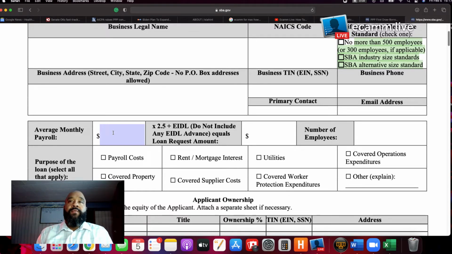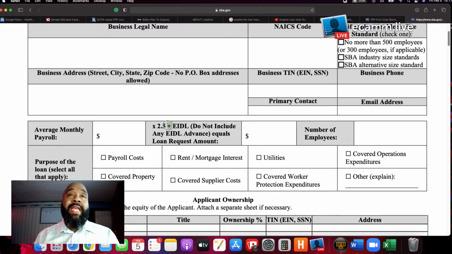For example, let's say you have 10 employees, you pay them $10,000 a year, you have $100,000. You're going to divide 100,000 by 12. That's going to give you 8,333. Then you're going to take that 8,333 and multiply it by 2.5. So that's going to give you 20,833, I think.